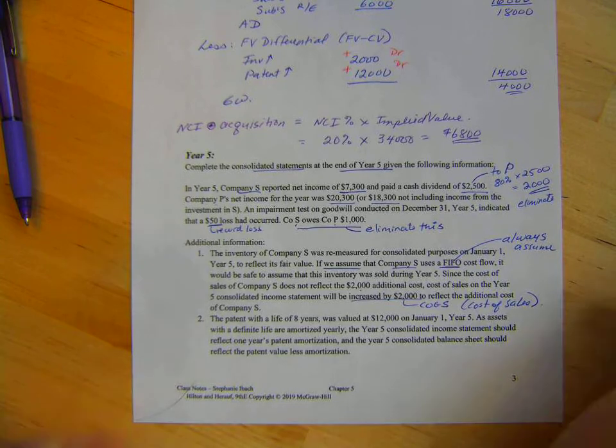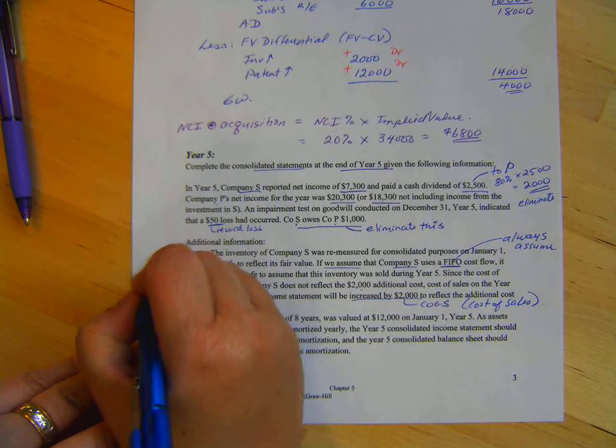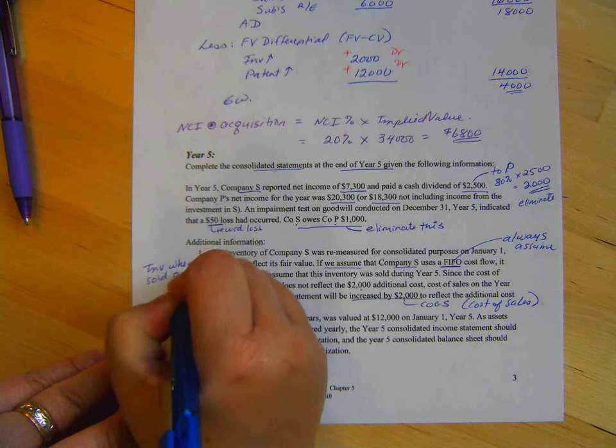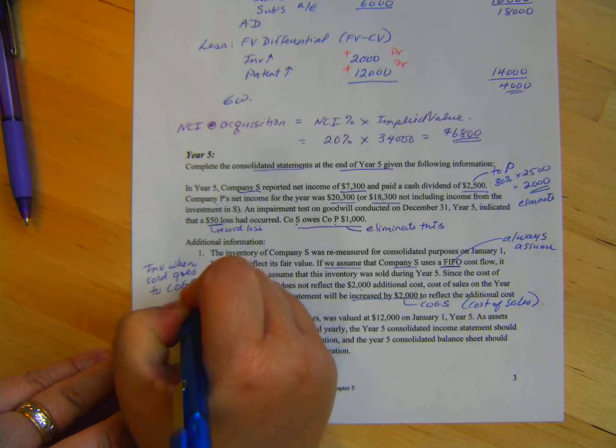So the sub is going to have their own little income statement. They're going to have inventory on it at the beginning of the year, and then they're going to sell it. So remember, inventory when it's sold goes to cost of goods sold.